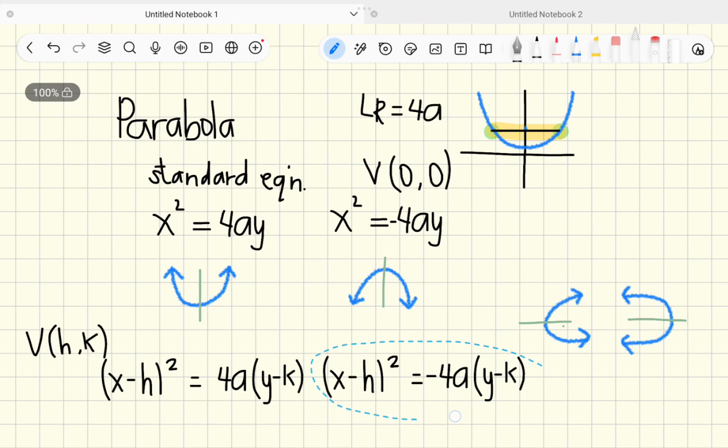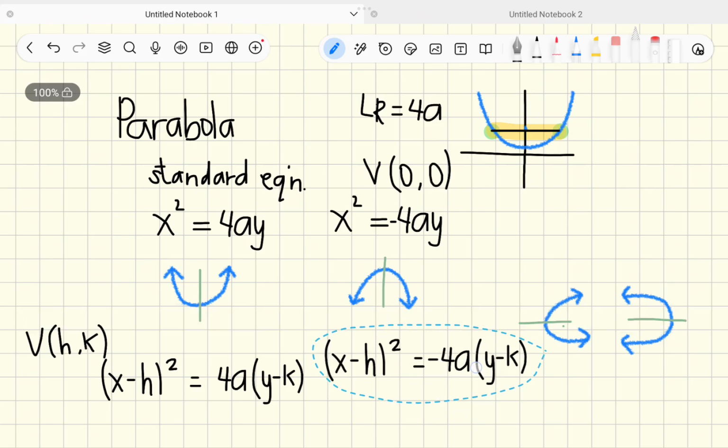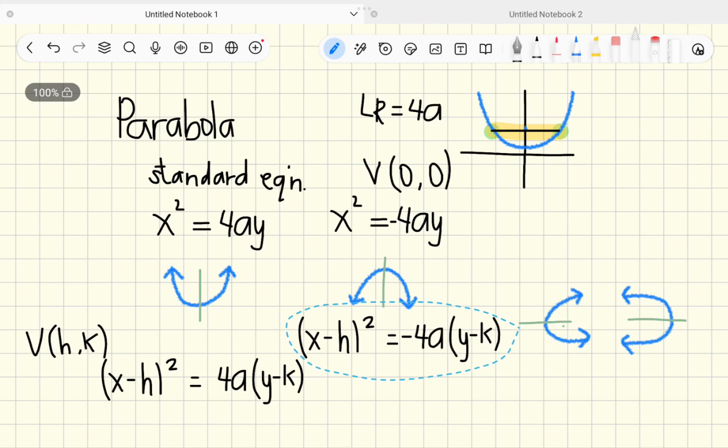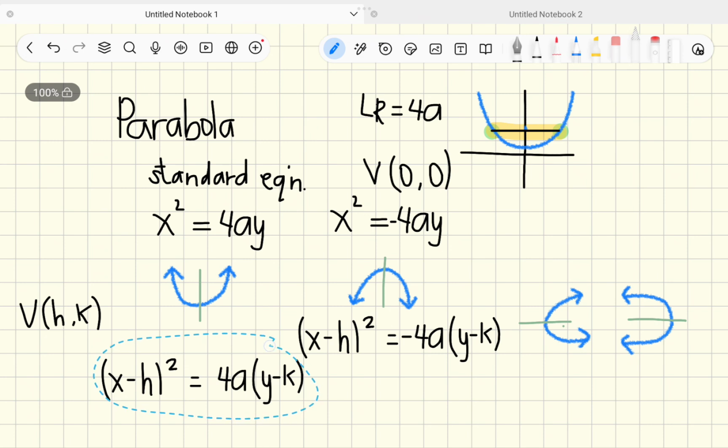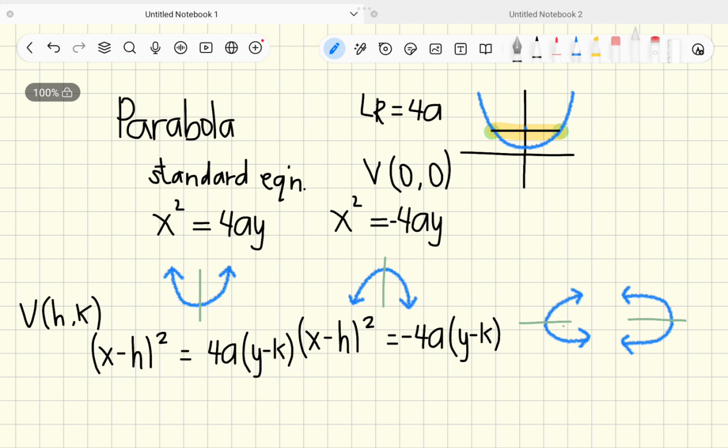This applies to the parabolas whose vertex is at (h, k). These come from the general equation, the first one: ax squared plus dx plus ey plus f equals 0.